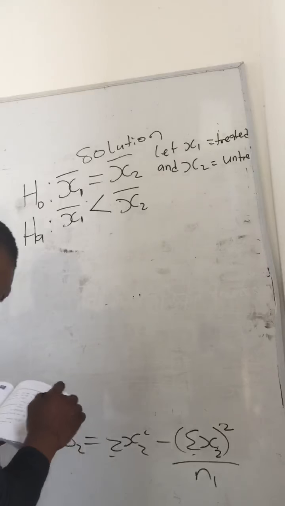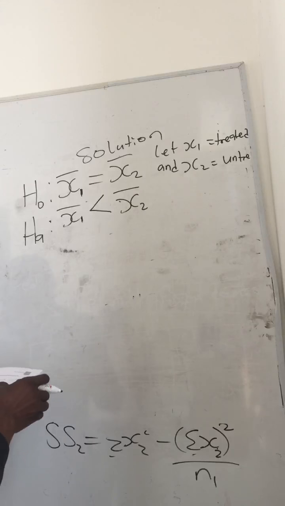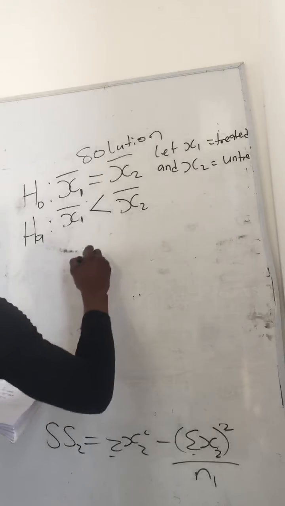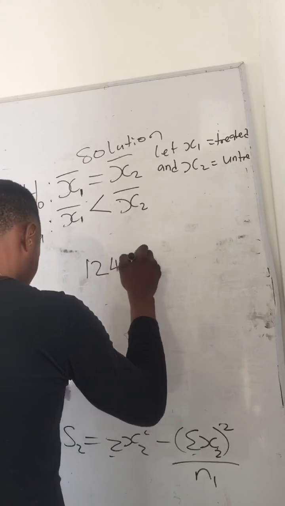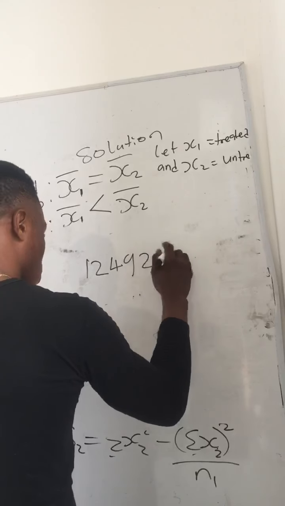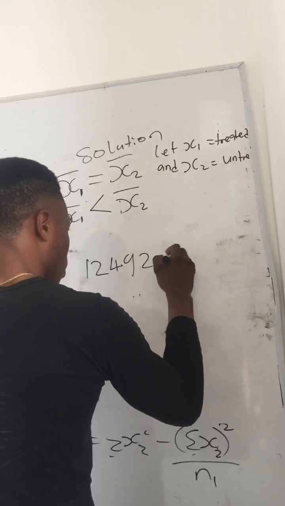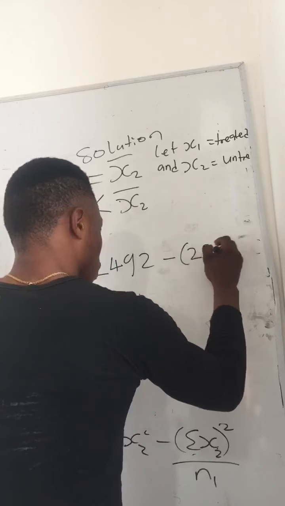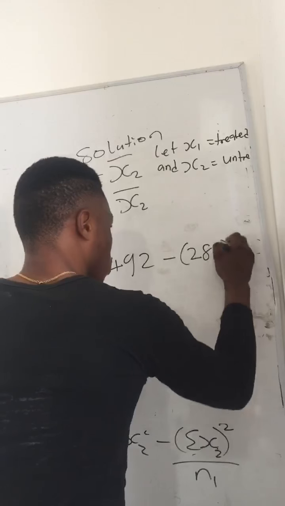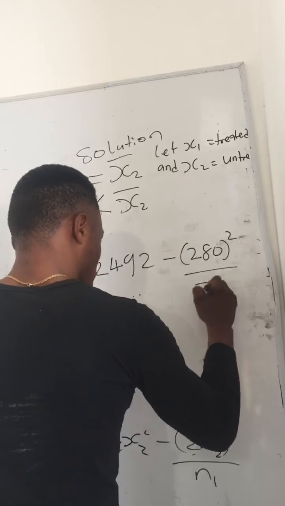So in your calculator, you find summation y squared and summation y. When we do that, we obtain 12492 minus 280 all squared divided by 7.